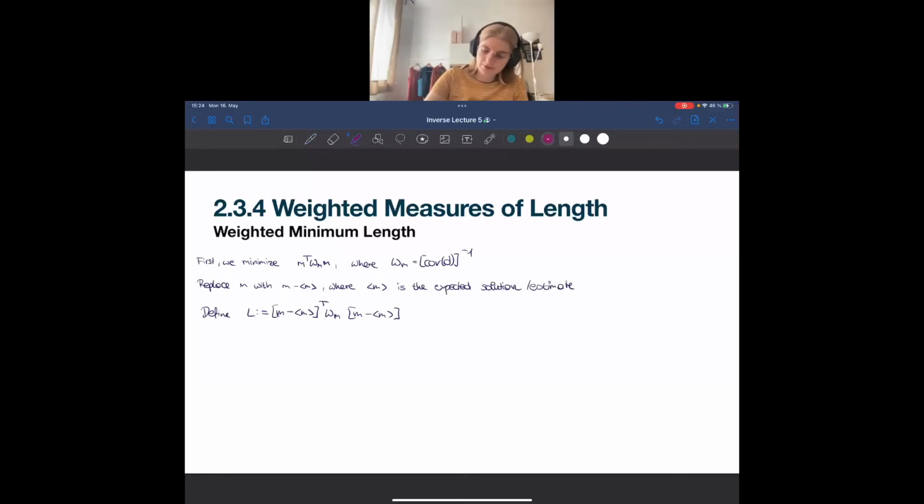So compared to previously, where we had here just m transposed omega M m, we have here m minus the expected. And of course, the goal is to minimize L.